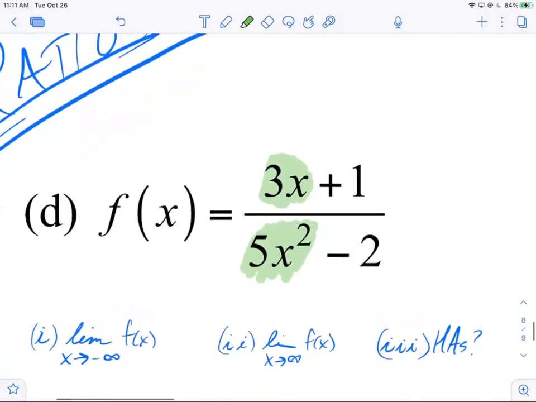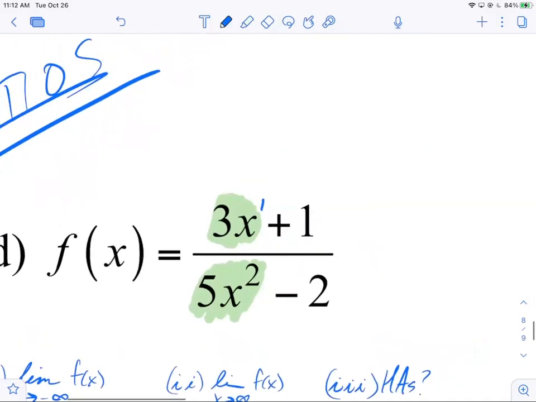Now, this question's easy. It's really a 3x to the first on the top and a 5x squared on the bottom. For large values of x, which one grows faster, top or bottom? The bottom, because it's squared, right? Now the top is still growing, but not as fast as the bottom. So I want to show you this little sequence right here. Let's list 5 fractions right above there, and let's make both the numerator and denominator grow.